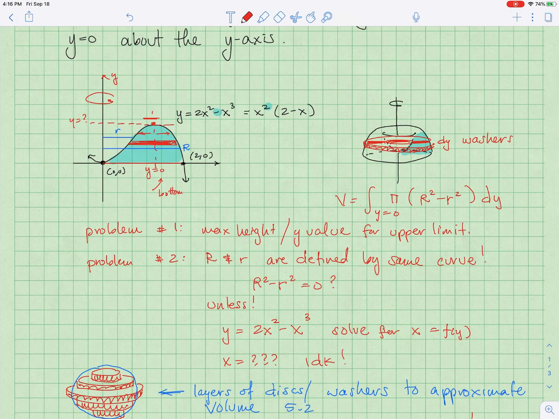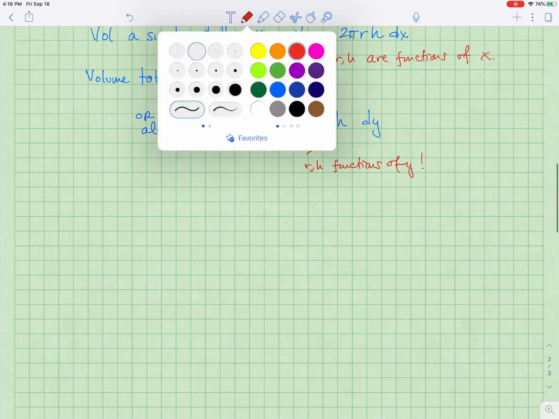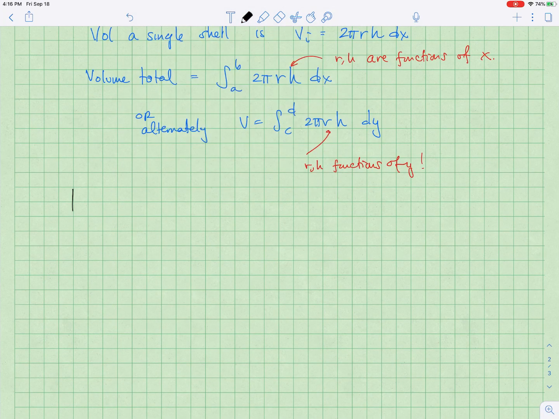So let's take a look at our dog bowl back up here and try this again. I'm going to redraw the region. Try to draw this function again a little bit better. X-axis, y-axis. This is the curve y equals 2x squared minus x cubed.